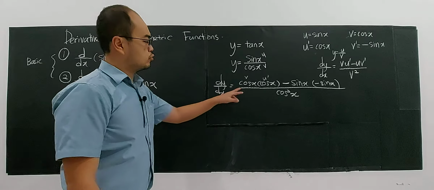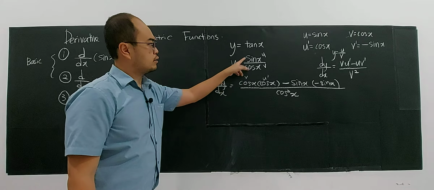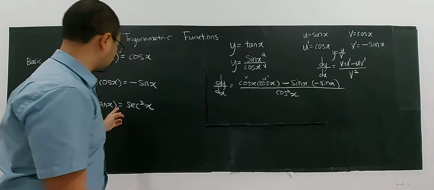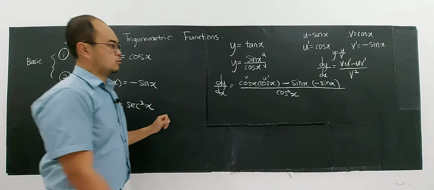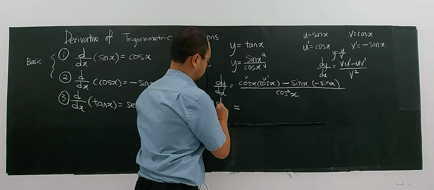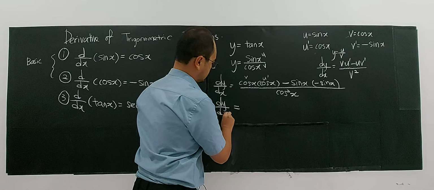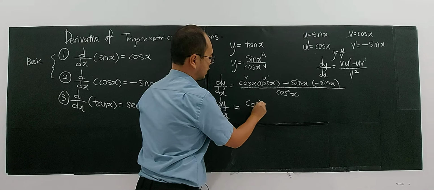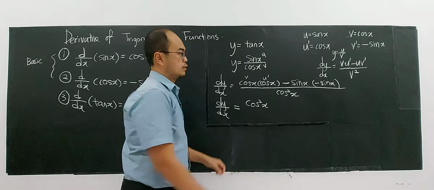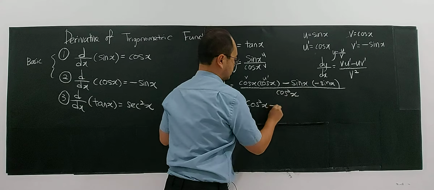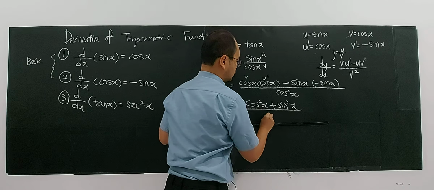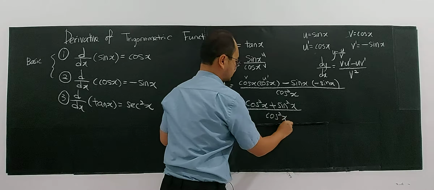So what we're going to do is differentiate tangent. What is the outcome here? Based on the table, you are getting secant square x. How do we get this? Let's prove it. As you differentiate, in dy dx, you have cos to the power of 2 x in the denominator. Negative times negative gives positive, so you're getting sine square x over cos square x.